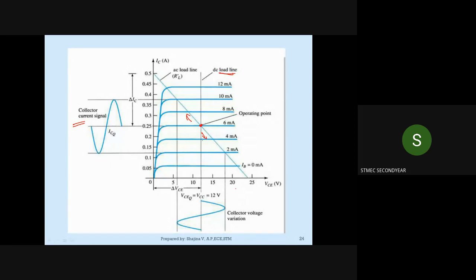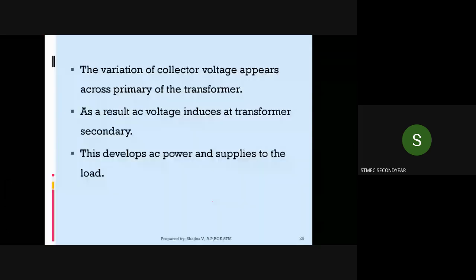Our Q point moves upward or downward, so the collector current fluctuates between minimum and maximum value, and the voltage VC also fluctuates. And this is the variation in collector voltage.